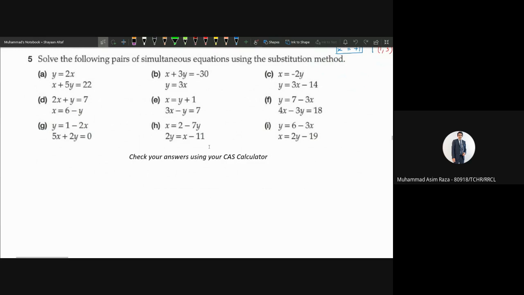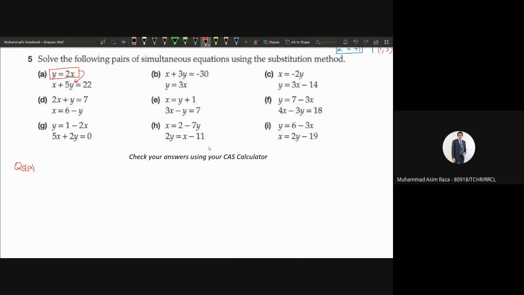For example, here, if I do question number 5, part A, it's very much easier. What you have to do is that y is equal to 2x and you have to put it in this y.